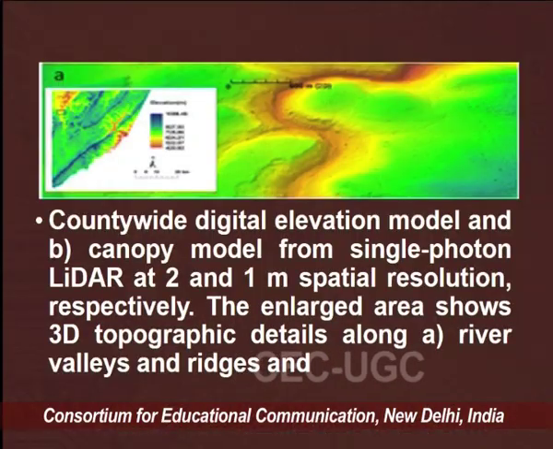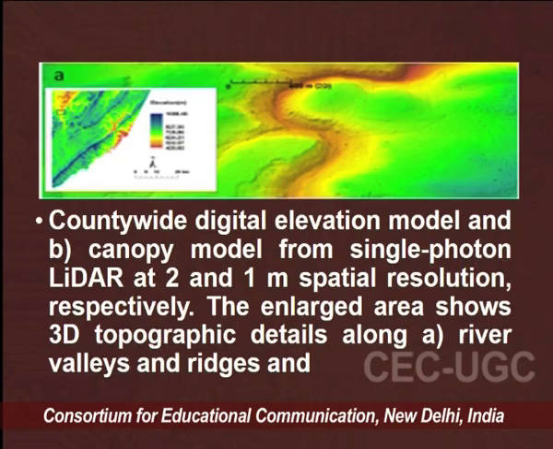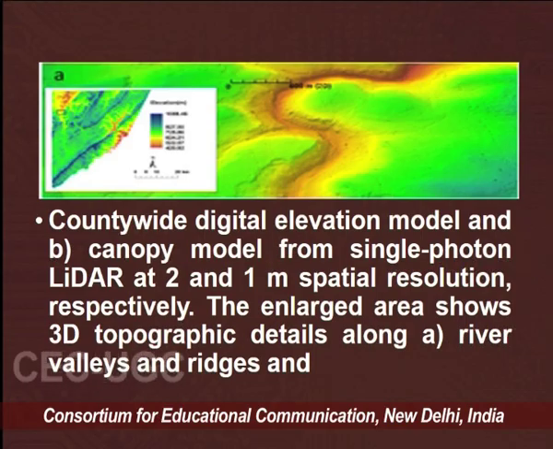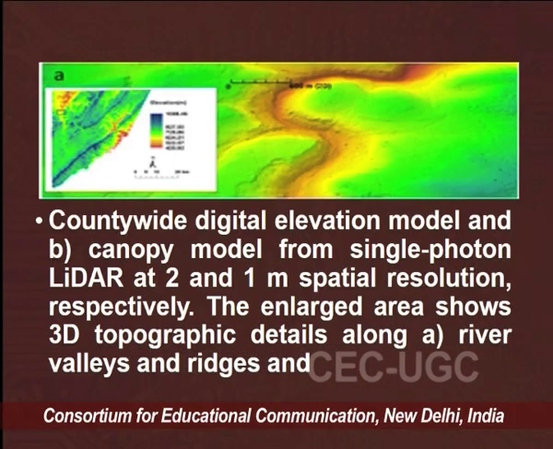Now you can see here the countryside digital elevation model and a canopy model from the single photon LIDAR at 2 and 1 m spatial resolution respectively. That shows the 3D topographic detail.